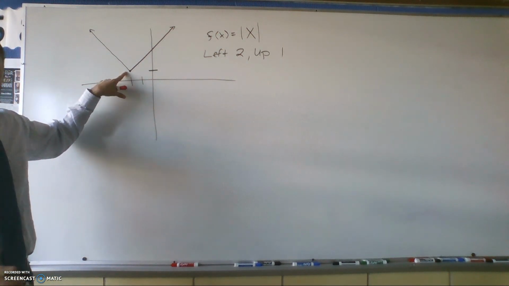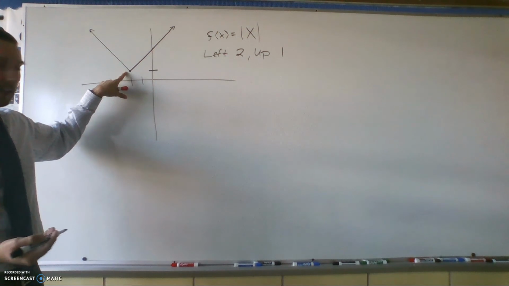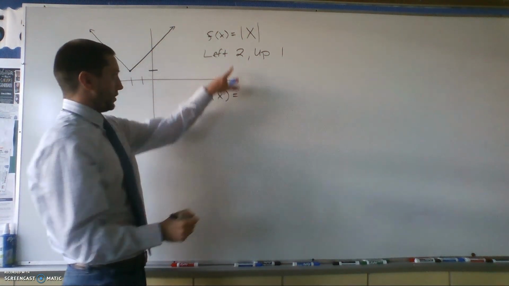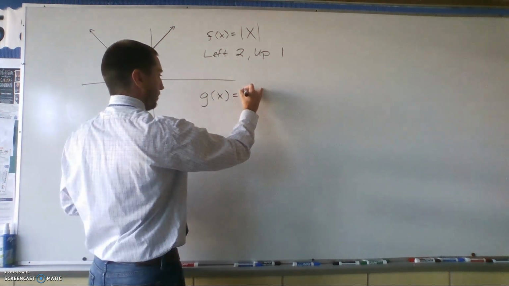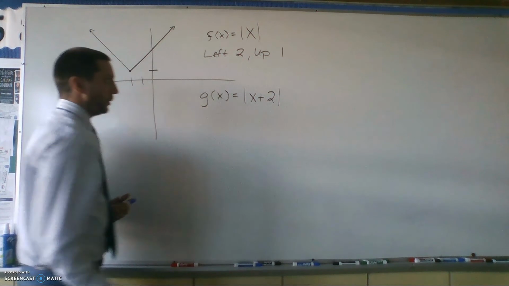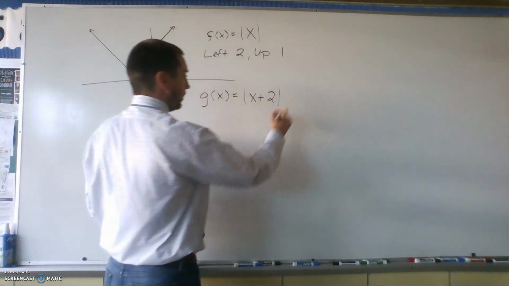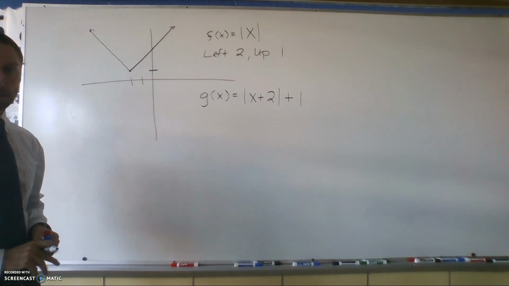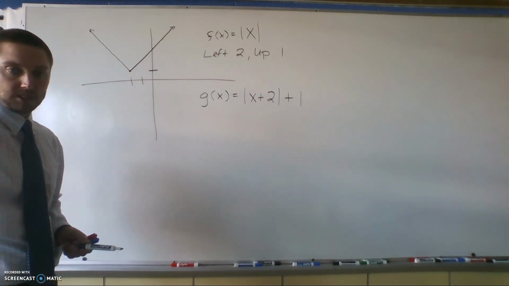Now it's left 2, up 1. And then put it all together. So for my new function, horizontal change left 2 means I'm going to add 2 inside next to the input, and up 1 means I'm going to add 1 outside. So there would be my equation. Okay, more examples.